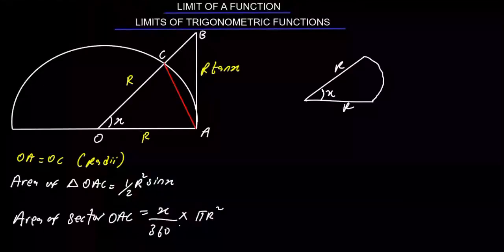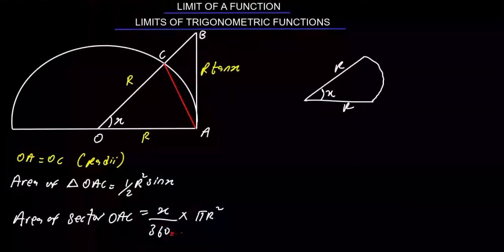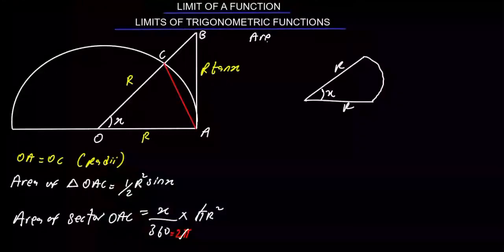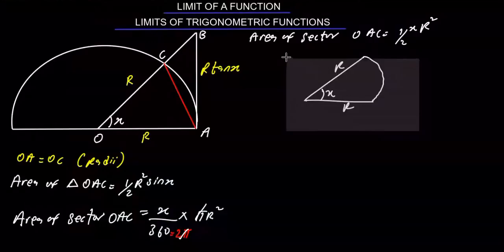But since I'm dealing with radian, this 360 will be replaced with 2 pi. Therefore, the pi can cancel. So the area of sector OAC will be equal to 1 over 2 x r squared. All right. Now we are done with this.